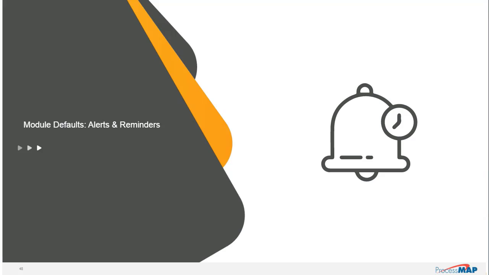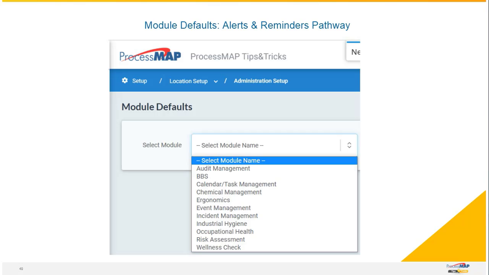So typically during the implementation phase or during training, but then the system goes live or the module goes live and system admins get busy. So it's easy to forget that it's there and that it's available for you to set up and utilize and, of course, take advantage of, right? This is also the case with setting defaults for your alerts and reminders.